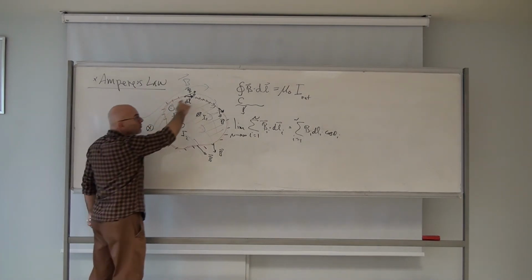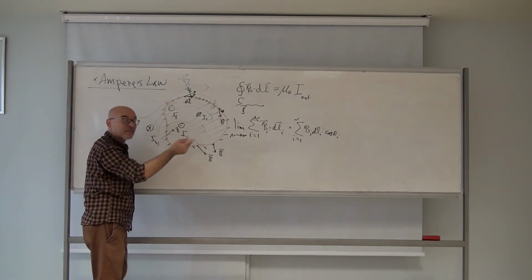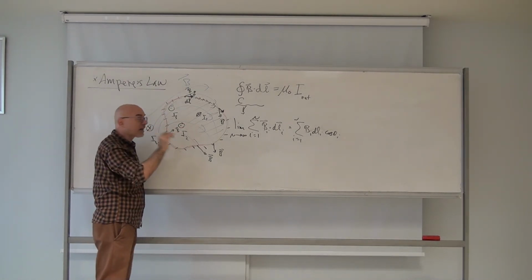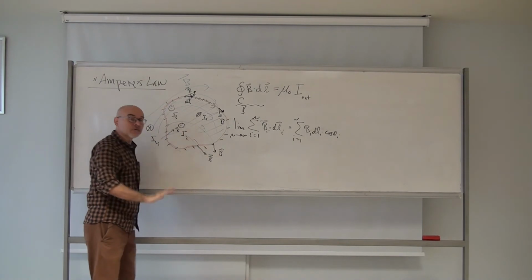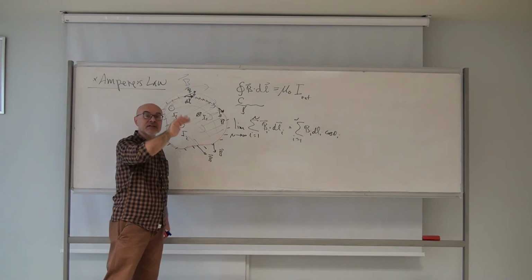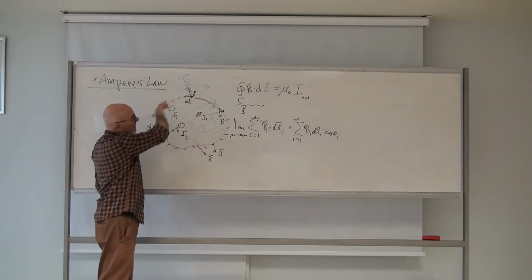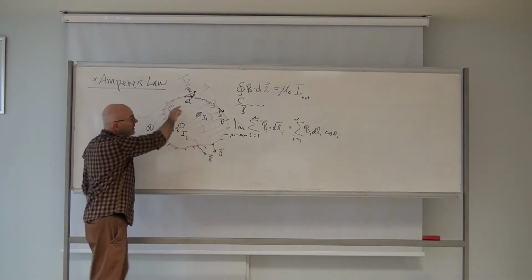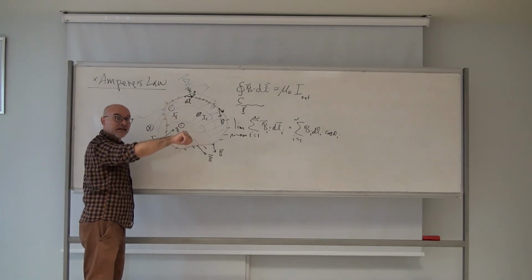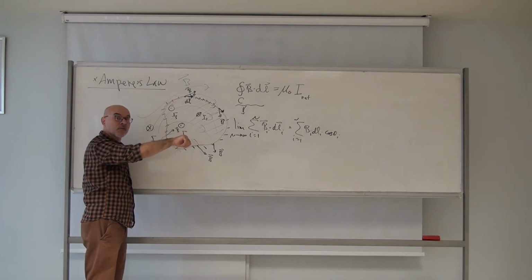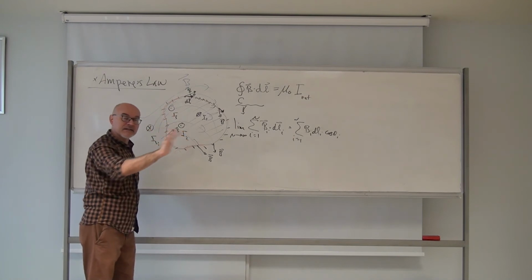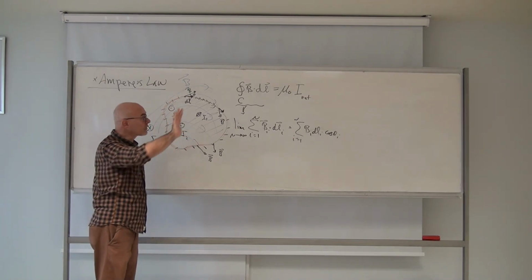So when you traverse the contour in a given direction, to determine the positive direction for the current, you let your right hand fingers curl in the direction that you opted for to carry out the line integral. In this case, it is clockwise. Your thumb in this case defines the positive direction of the current. So in my case, this is how I am traversing the contour.